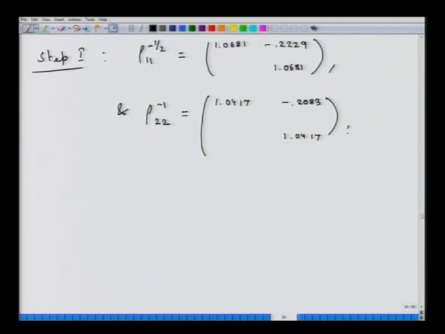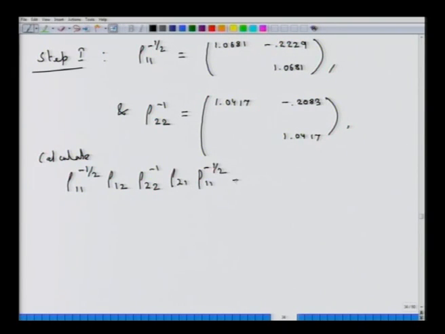So using these two, rho 1 1 to the power minus half and rho 2 2 to the power minus 1, and the forms of rho 1 2 and rho 2 1, we can then calculate this important matrix, which is rho 1 1 to the power minus half, rho 1 2, rho 2 2 to the power minus 1, rho 2 1, rho 1 1 to the power minus half.